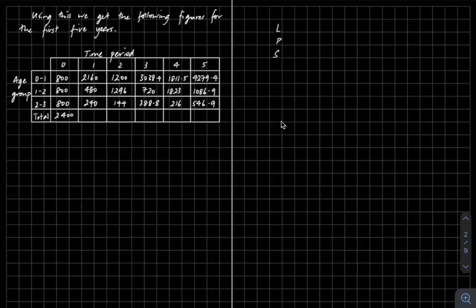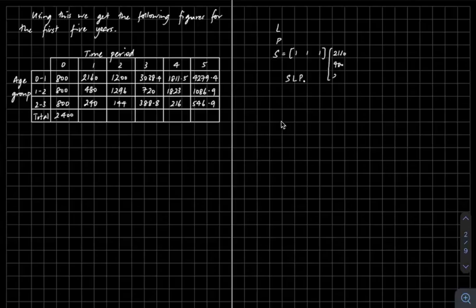If we also define an S matrix, which we'll just use for summing these up, and because we've got 3 age groups, we'll use a 1 by 3 matrix, with 1 row and 3 columns which are all 1s. And if you do S times L times P naught, you already know what happens with your L times P naught. So basically you're going to be multiplying that S by your P1.